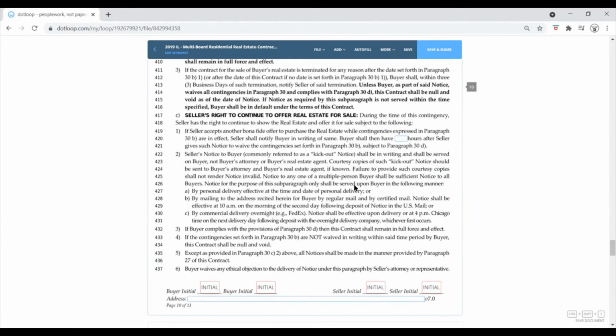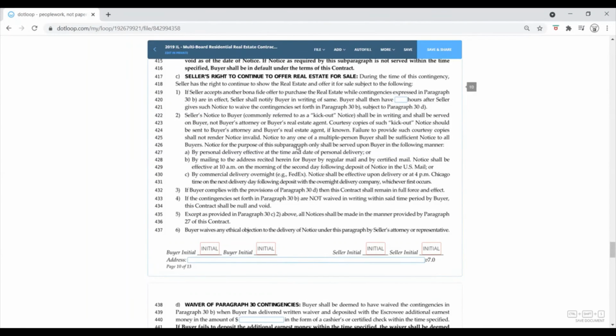If they are putting their property up for sale, a lot of times you may want to continue to offer the real estate for sale as the seller. So what this is saying is that we're going to continue to market on the MLS saying we will accept showings still. And usually it's a 72-hour kickout clause.